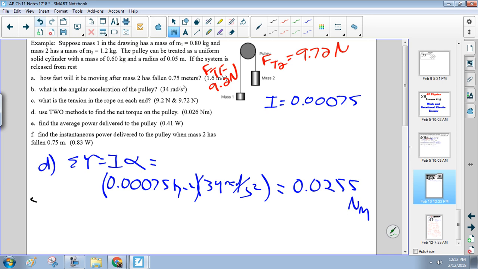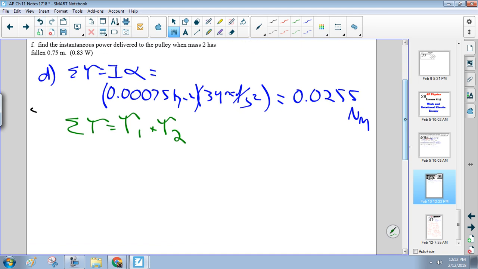Or we could do this. The net torque is the torque from force 1 plus the torque from force 2, which is 9.2 newtons times 0.05. One of them needs to be negative.